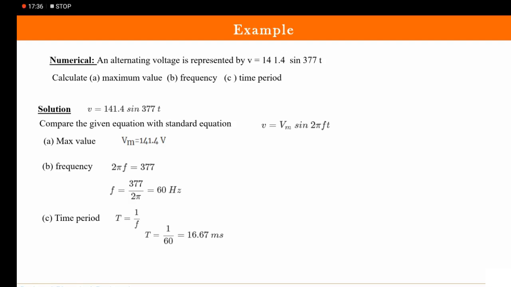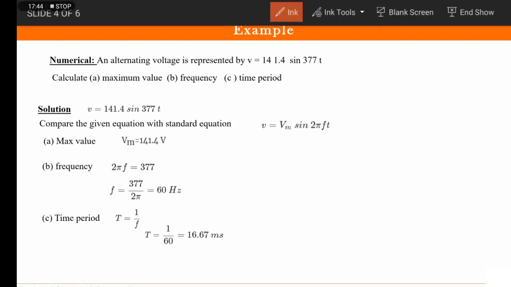Say Newton, so it is capital N. Kelvin, capital K. Suppose you don't have this concept in your mind and you write capital S for second, but this S is actually Siemens.